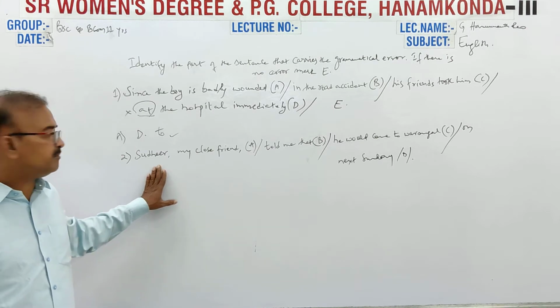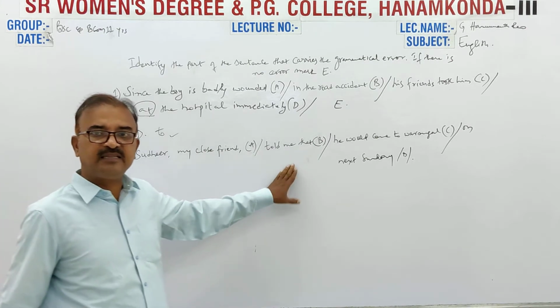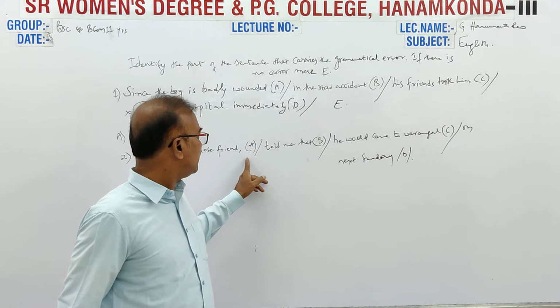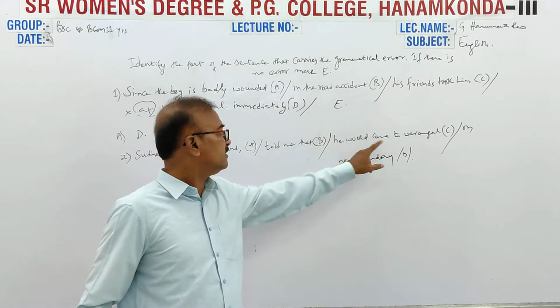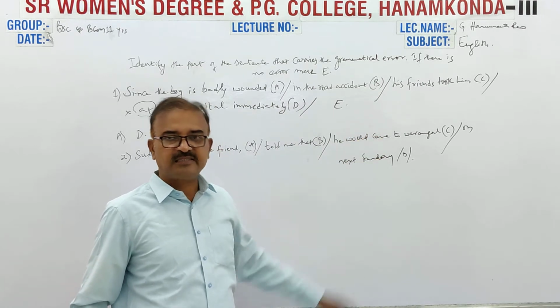Sudhir, my close friend, told me that. Until close friend is part A. Told me that is part B. He would come to Warangal, part C. On next Sunday is part D.